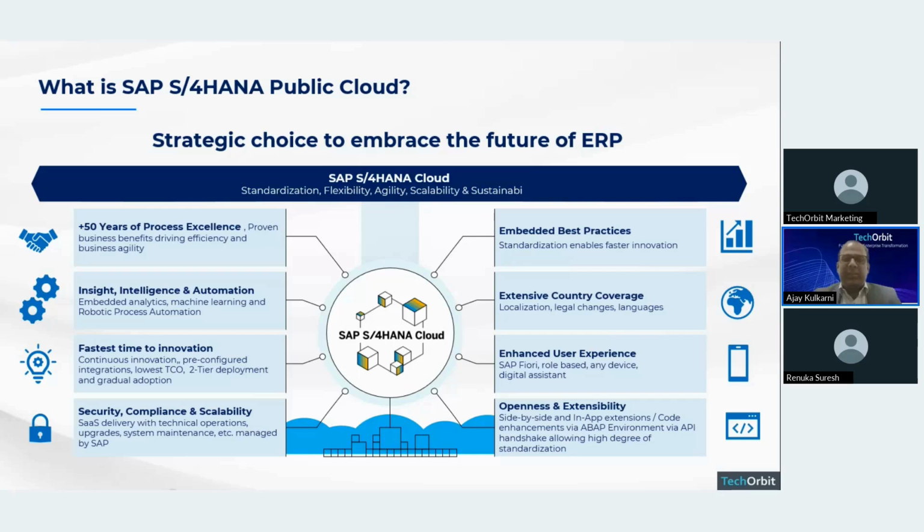It is a mixture of standardization, with a great amount of flexibility and agility, so that you have your standard processes in place, but you also have the flexibility to modify them or to build your own module pools.